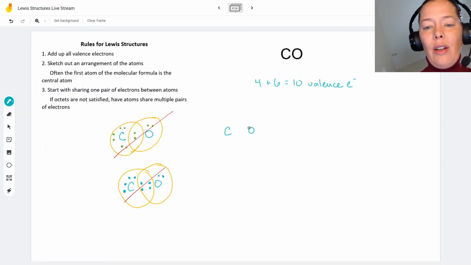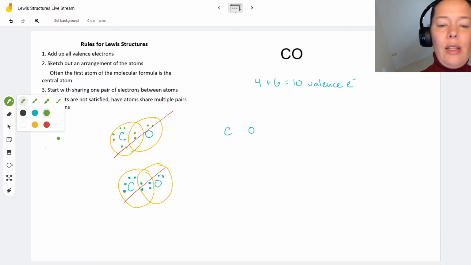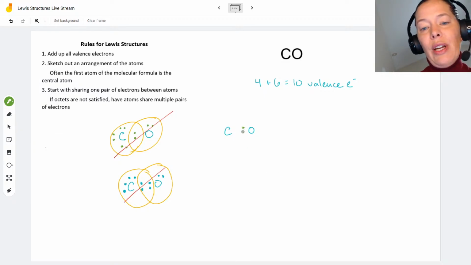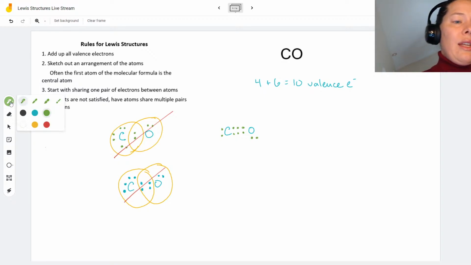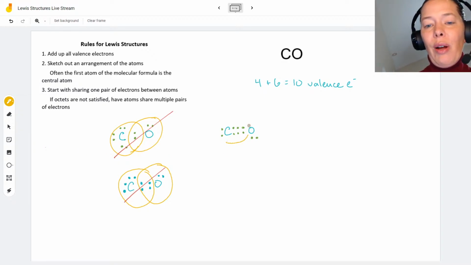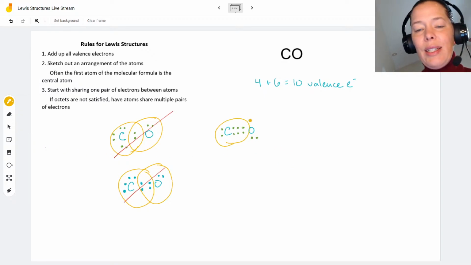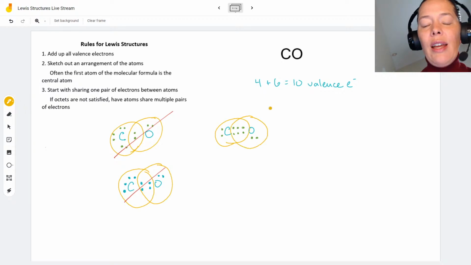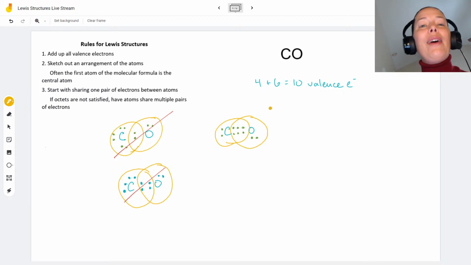Let's try again. Carbon, oxygen. This time I'm going to try a triple bond. I'm going to put 3 pairs of electrons here, so that's 2, 4, 6, 8, 10. This is looking promising. That carbon does have 8 electrons. This oxygen also has 8, so I have satisfied octets for both carbon and oxygen.